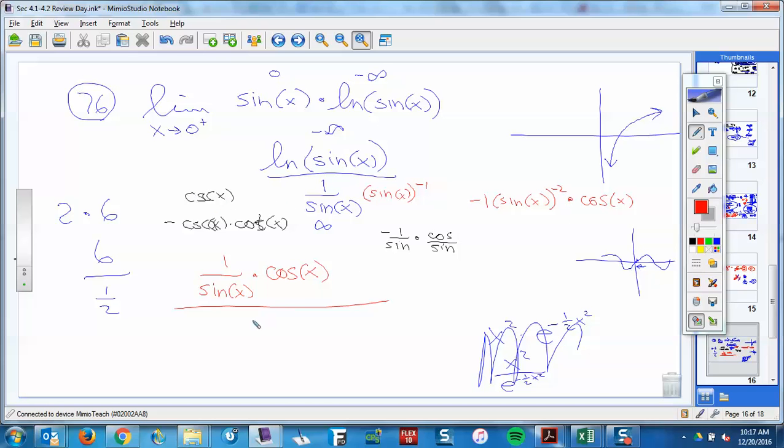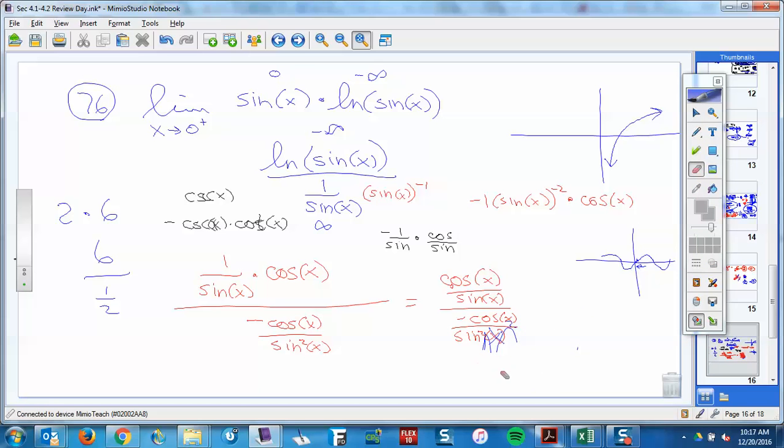Okay, so let me come back to this one. Let me just write this so I get negative cosine over sine squared. Okay, so let me clean it up a little bit. So I got cosine x over sine, and here I got negative cosine over sine squared. Well, now I got all kinds of algebra I can do to that, right?